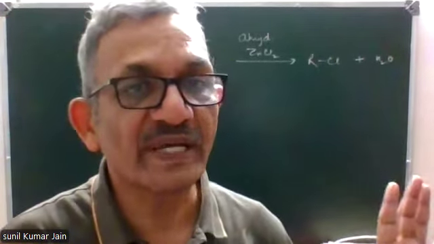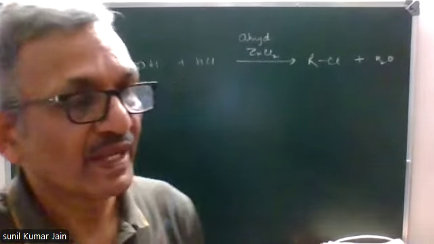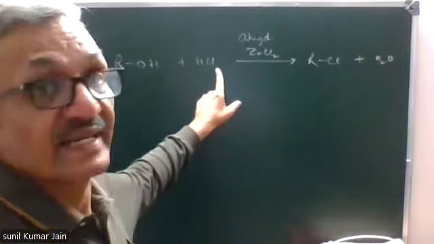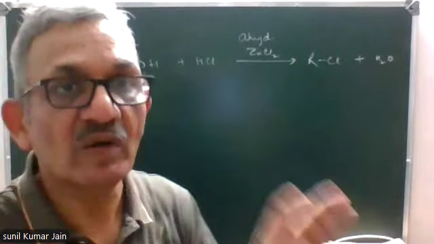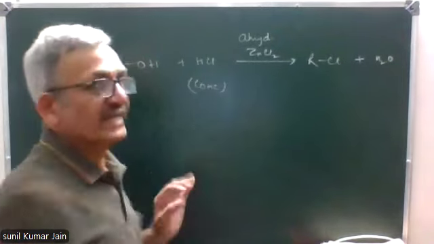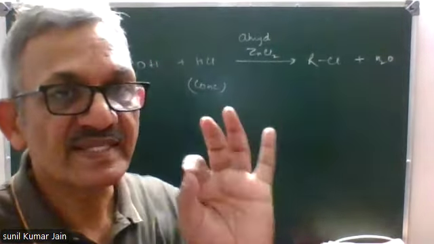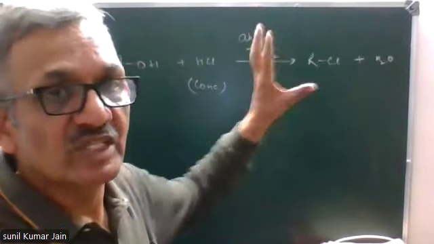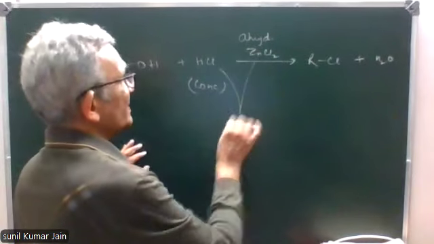This is Groove's method for the preparation of chloroalkanes. But remember, in Groove's method, we use HCl gas. But now I'm going to use concentrated solution of HCl. This concentrated solution of HCl and anhydrous zinc chloride, this mixture is called Lucas reagent.